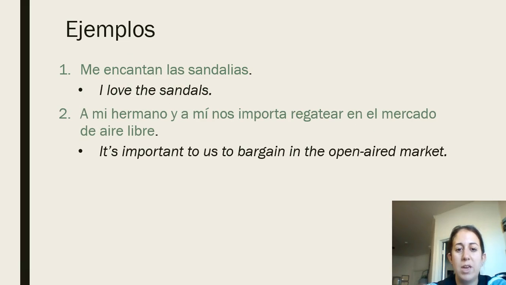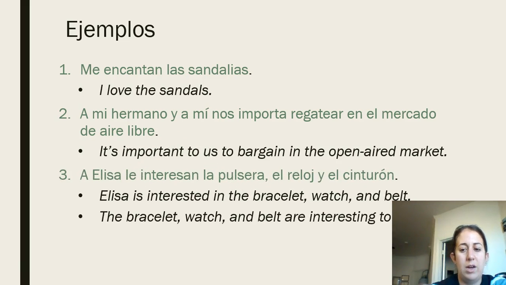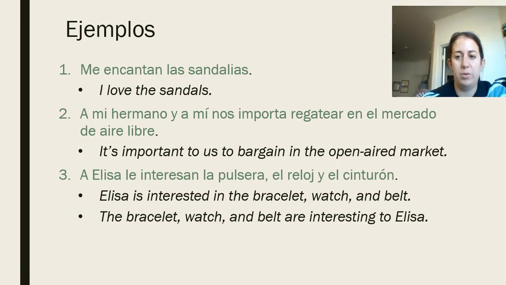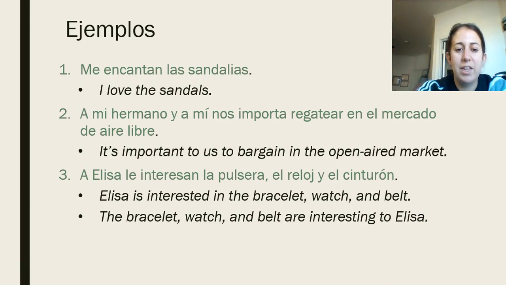A mi hermano y a mí nos importa regatear en el mercado al aire libre. It's important to us, or it's important to my brother and me, to bargain in the open-air market. A Elisa le interesan la pulsera, el reloj y el cinturón. Elisa is interested in the bracelet, watch, and belt.